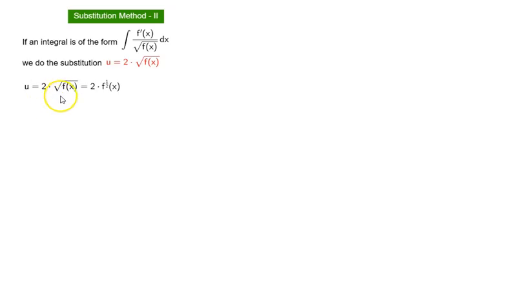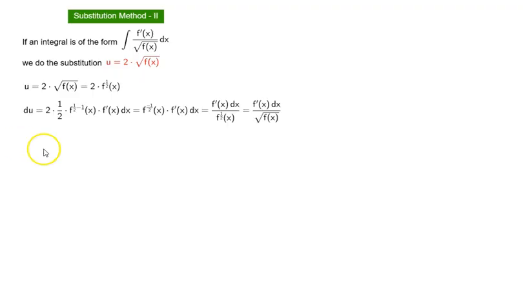So u is equal to 2 times square root of f of x, which is equal to 2 times f of x to the power of 1 by 2. So that is another way of writing square root.